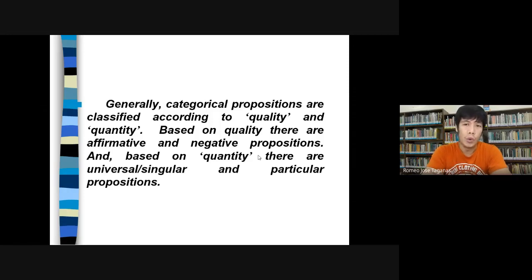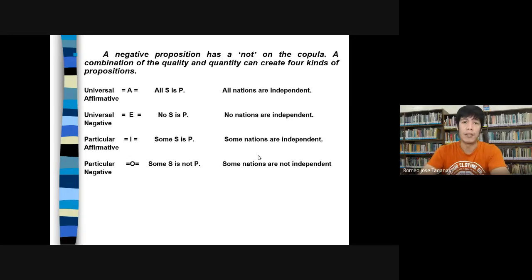When we say quality, the proposition can either be affirmative or negative. And according to quantity, the proposition may be either universal or particular. Because of this, we came up with four different kinds of propositions as discussed earlier during our synchronous class.